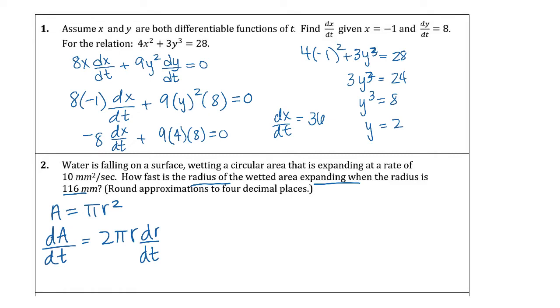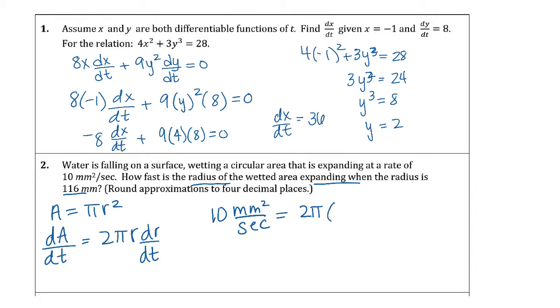Now, substituting in what we know, the rate of the circular area, we're going to have 10, and we can include our units here or wait to the end, whichever you want to do. It's going to be equal to 2 pi r, dr/dt.